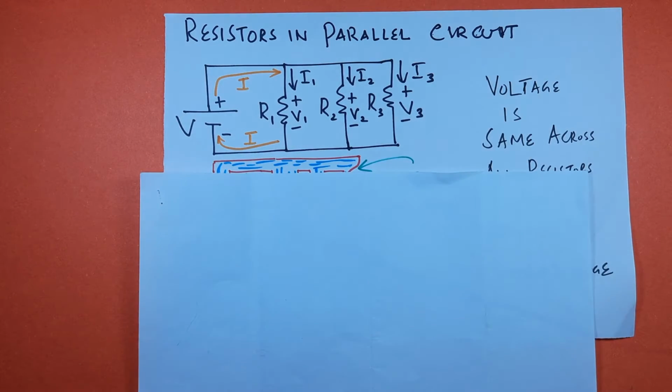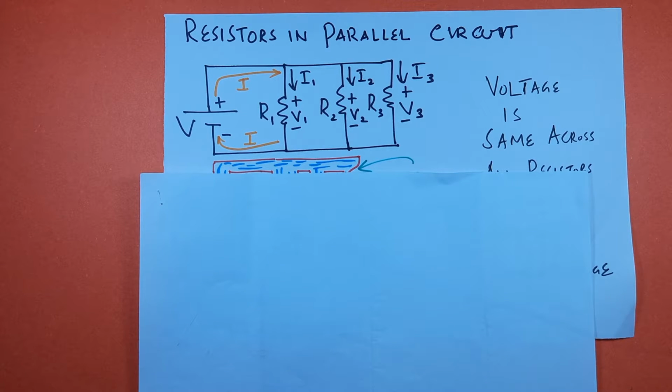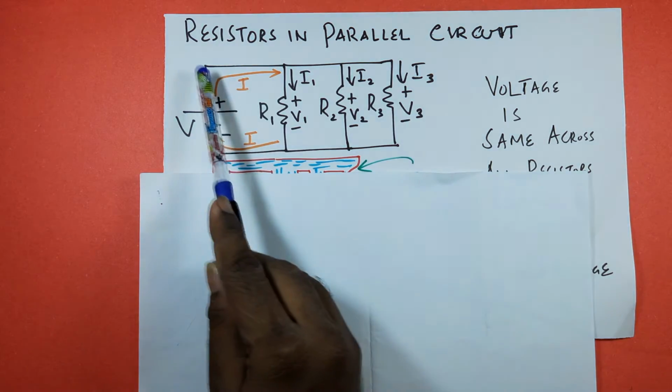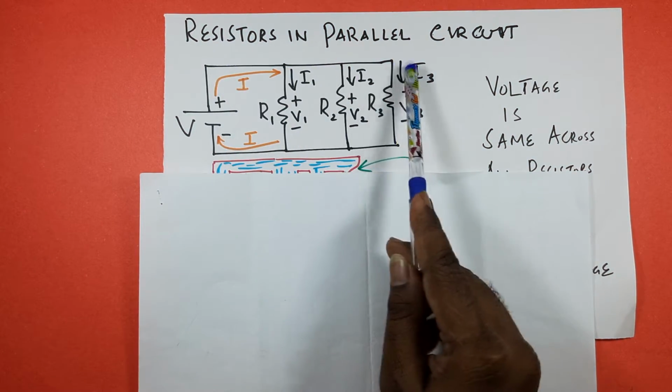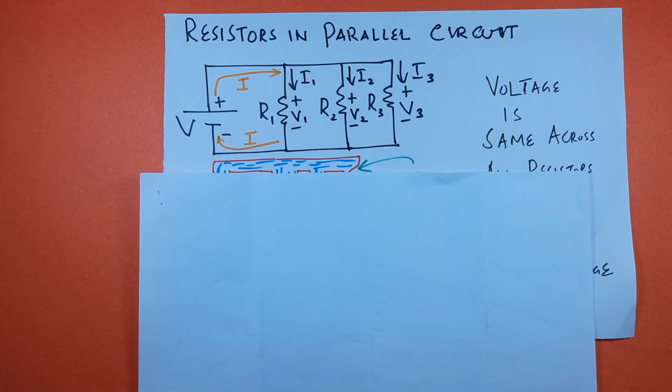Resistors in parallel circuit. Here V is the supply voltage. We have three resistors R1, R2, R3. These are connected in parallel because this top strip is one common point, and this bottom strip is another common point. So I can say this is a parallel circuit.